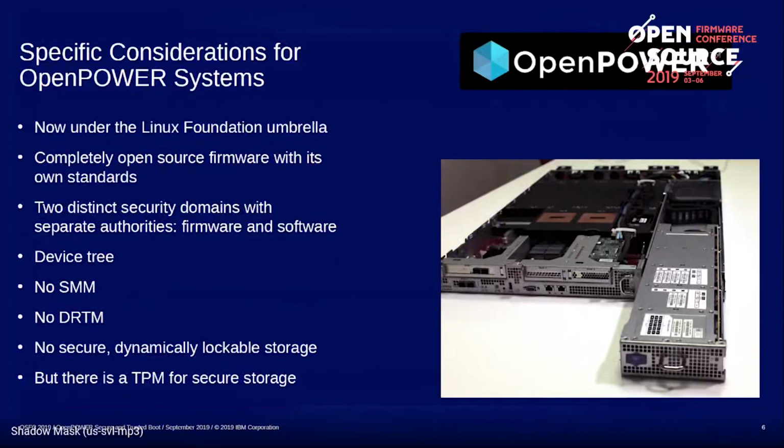We are not planning on implementing a DRTM capability any time in the near future. Our trusted computing is static only at the moment. And most importantly, from a secure boot standpoint, we don't have any reliably lockable storage. So no lockable flash. This was a limitation because the hardware designs didn't initially consider secure boot.